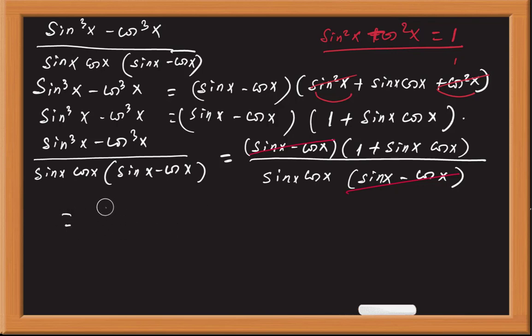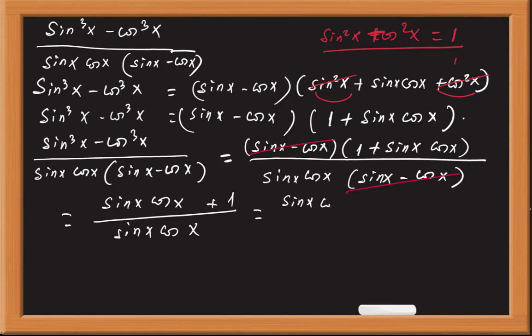So the expression becomes 1 plus sine x cosine x over sine x cosine x. We can break this: sine x cosine x over sine x cosine x plus 1 over sine x cosine x. You can see the first term becomes 1.